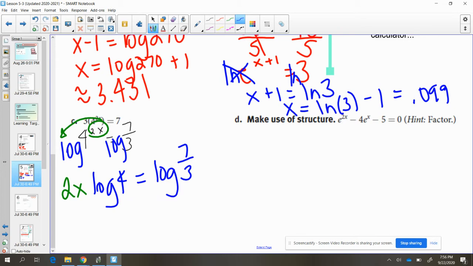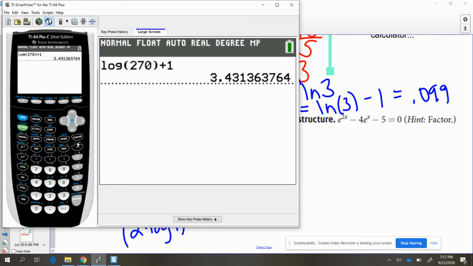Then, careful on how you're doing your division in your calculator, you can divide both sides by the 2 times log base 4. And our final answer, if we type this in, we have log of 7/3. Be careful to close my parentheses.